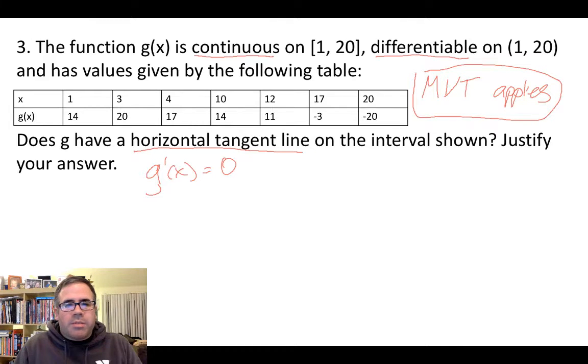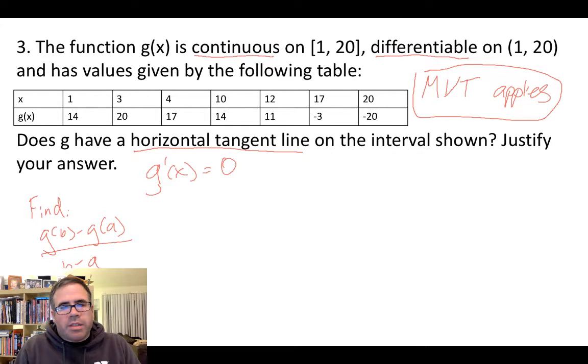If we can find an interval where the average rate of change, g of b minus g of a over b minus a, equals 0, that guarantees g prime equals 0 somewhere between a and b.